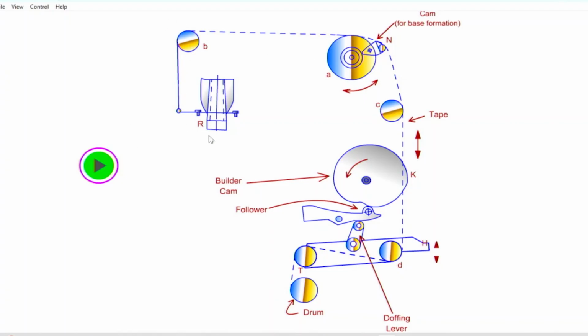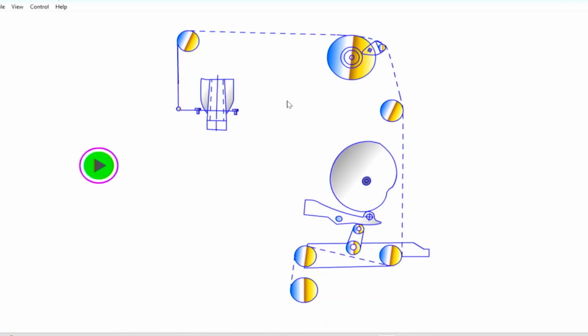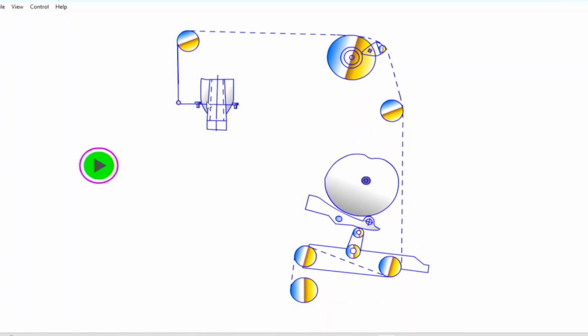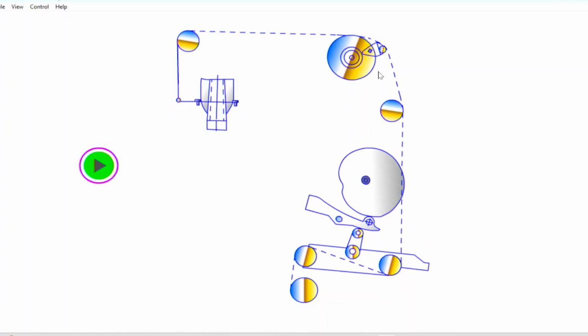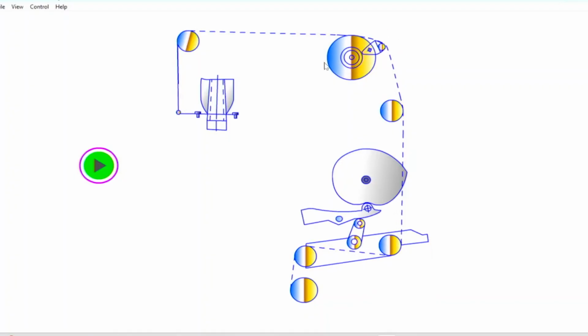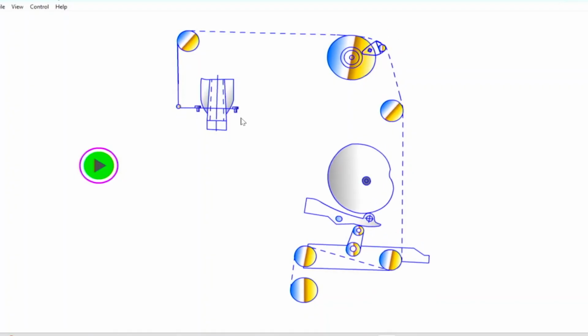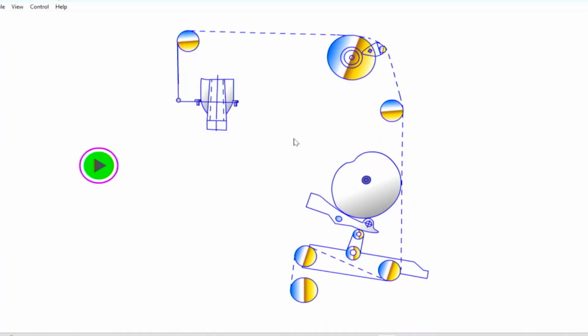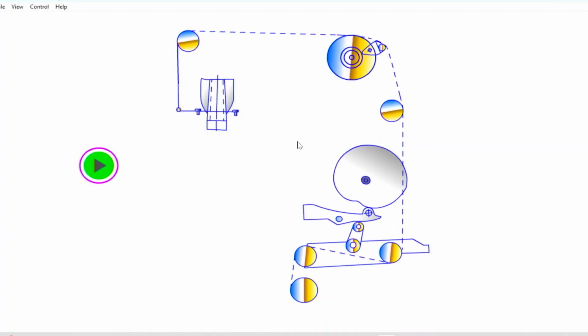So, ring rail motion will be less at this time, at the base, so that a larger quantity of material is stored here. When this projection comes into action, the base is formed. So, this is the overall animation.